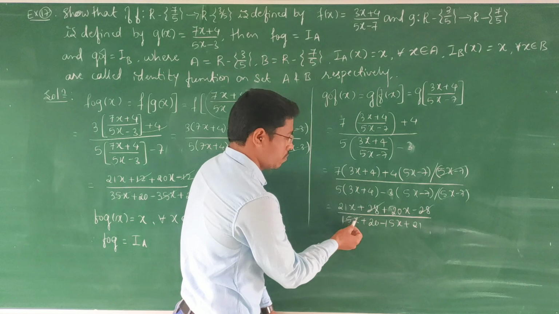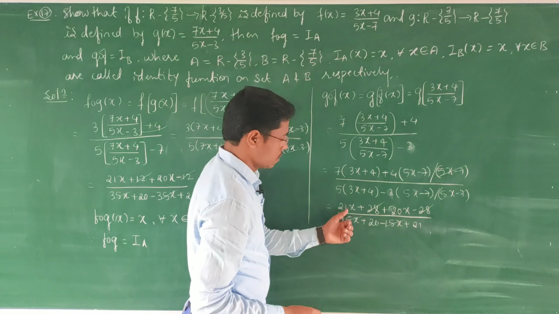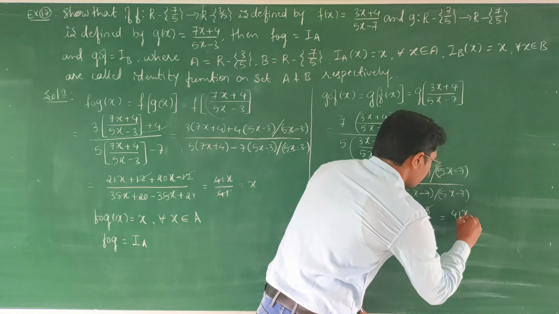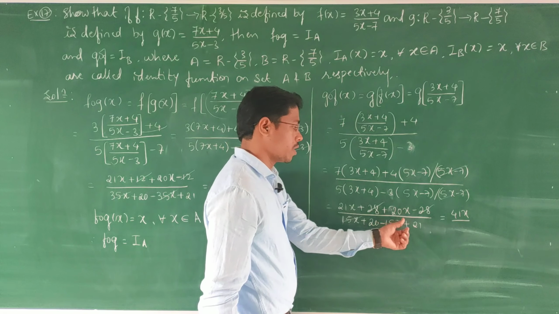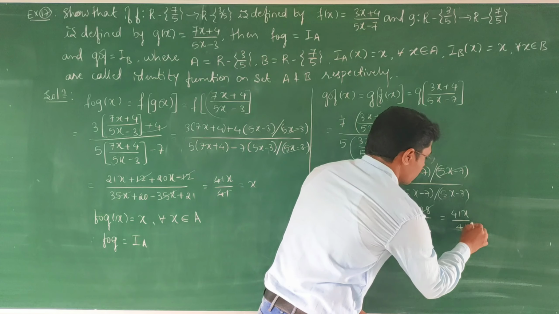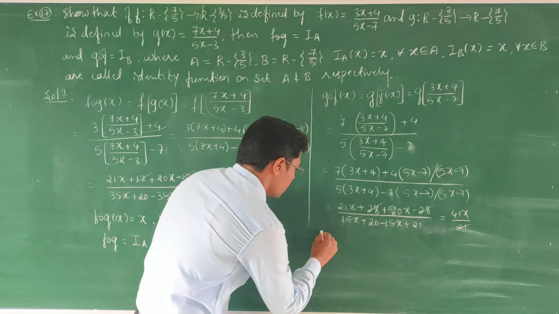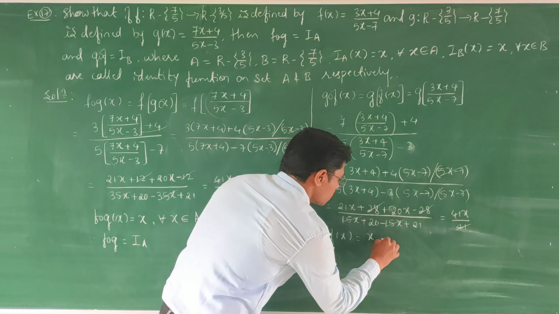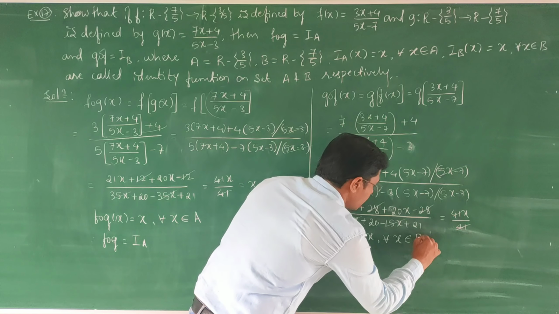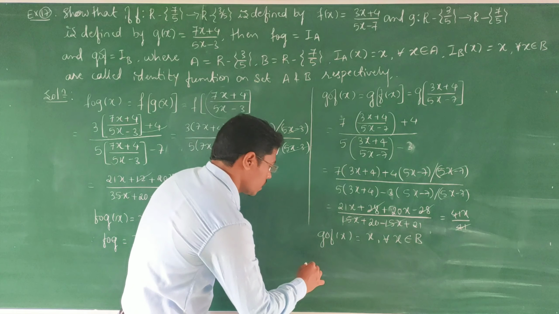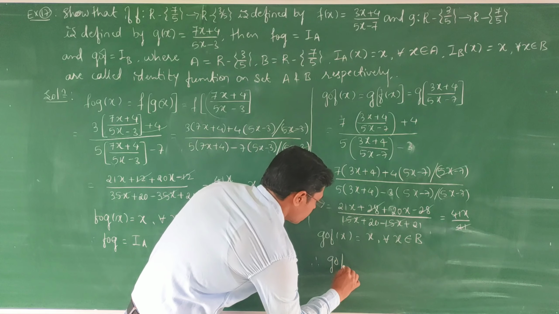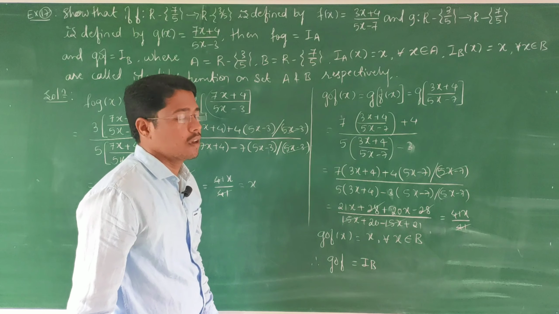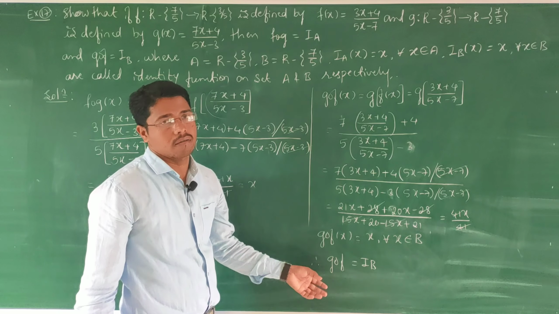In the denominator, 35x minus 35x will get cancelled. 21x plus 20x is 41x, all divided by 20 plus 21 is 41. 41 gets cancelled, so remaining is f o g of x equal to x for all x belongs to B. Therefore, f o g equals I_B, where I_B is the identity function on the set B.